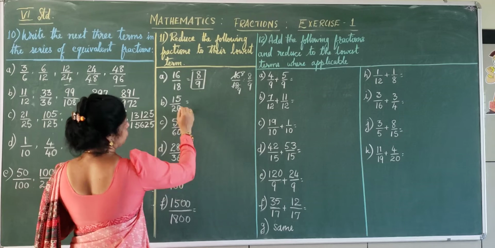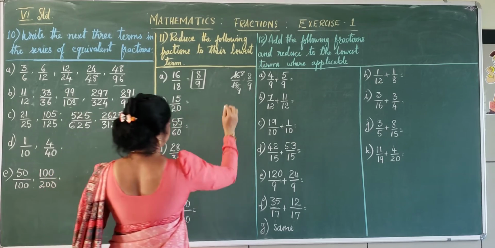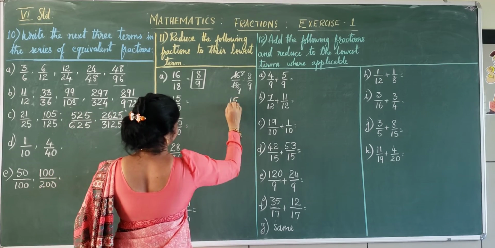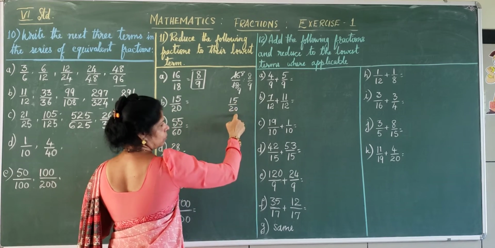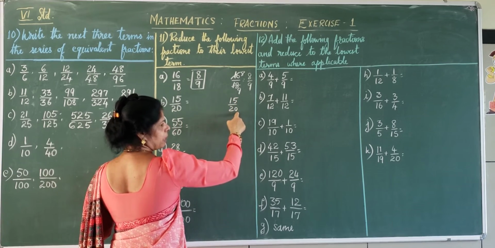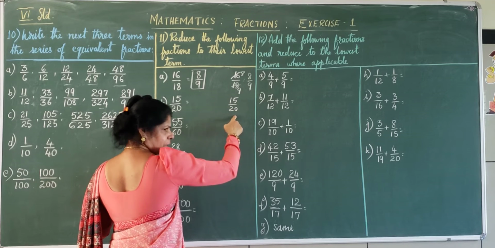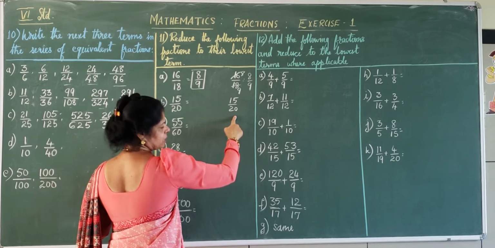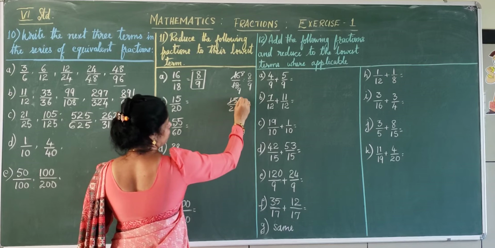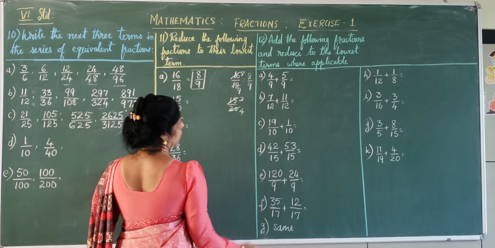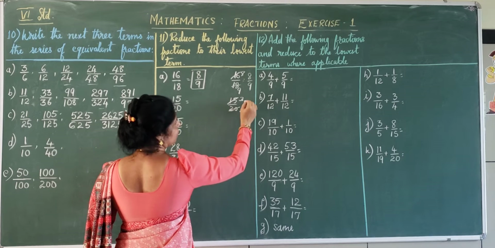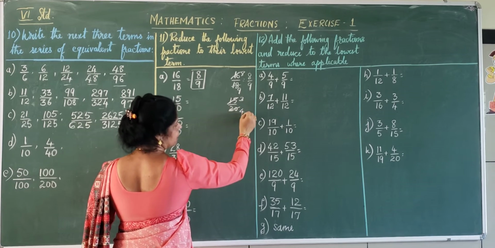Now let us go for the next one. 15 by 20. See here 5 and 0. So 5 and 0 in the unit places can be easily divided by the same number, which is 5. 5 3s are 15, 5 4s are 20. Further you cannot divide again here because one is odd and one is even.